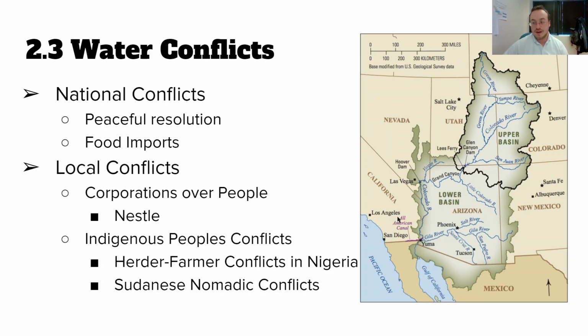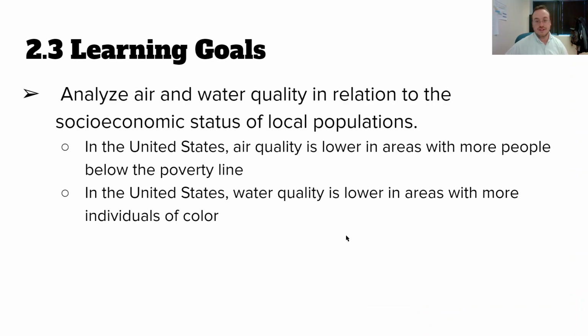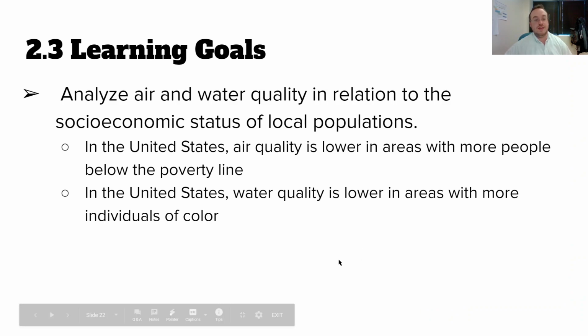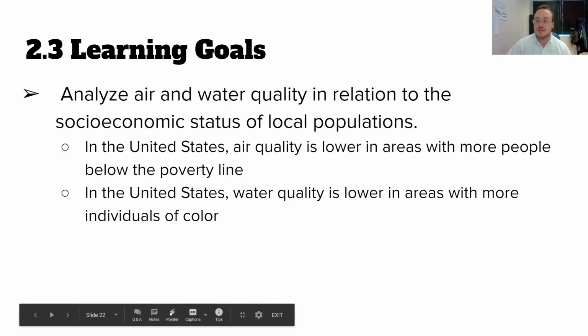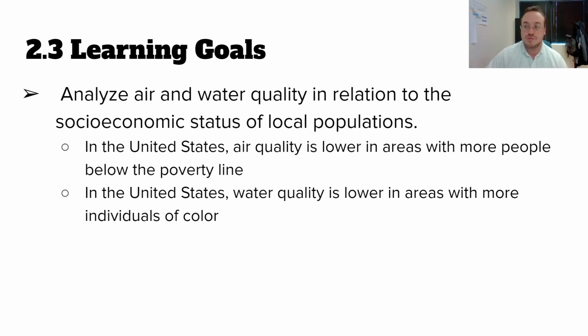All right, so we looked at the air and water quality in relation to the socioeconomic status. Remember, socioeconomic status is effectively just talking about the wealth of people groups, but it's also talking about the skin tone, unfortunately, of people groups.